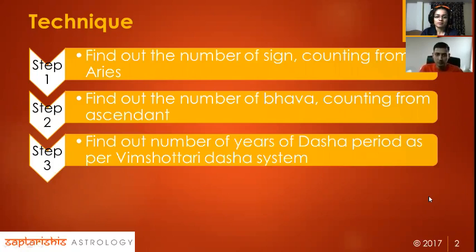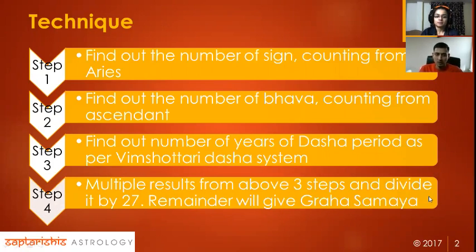Then we have to identify the number of years of the dasha period of that planet in the Vimshottari dasha scheme. If it is Jupiter, we know Jupiter dasha is 16 years. Then we multiply all the three counts which have come up, divide it by 27 and find out the remainder.